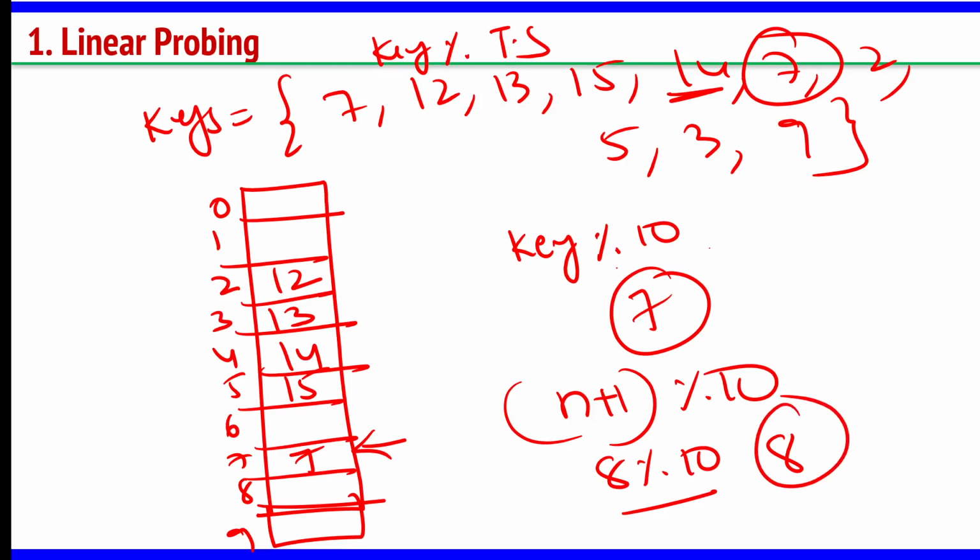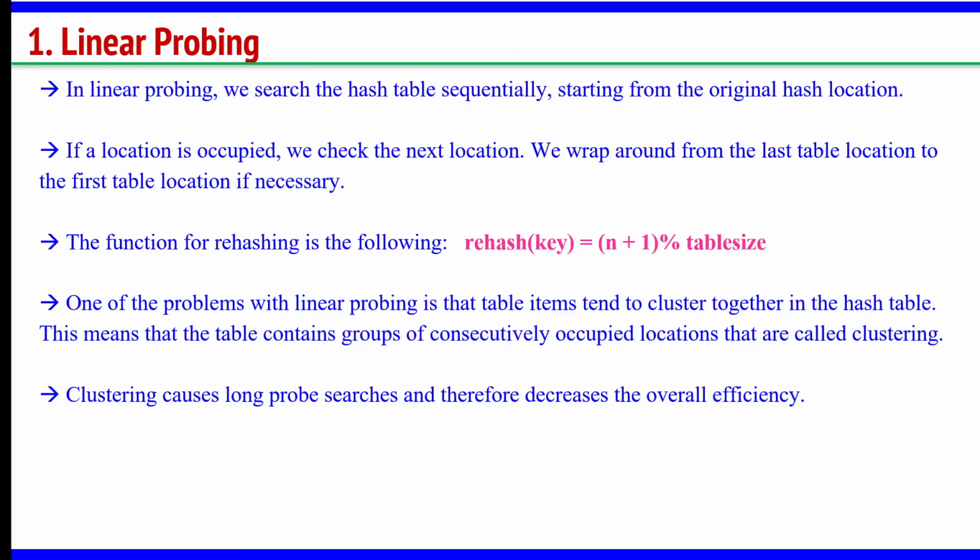Fill it at the next location, fill that 7, 7 already came, now let us take 17, 17 modulo 10 is 7, right. 17 plus 1, 18, 18 modulo 10, 8, fill that 17 here. How did you find the next location? We find it using n plus 1 modulo table size.